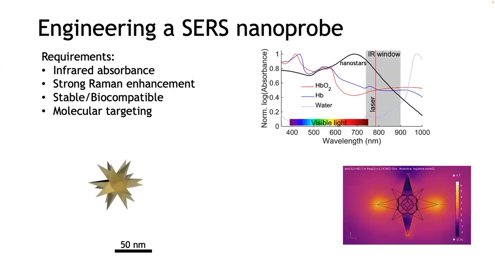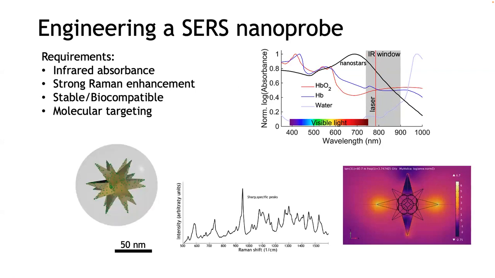So to do this, we use a star. The resonances of the plasmons on the star are in the infrared area, as we see here. Also, with the star, we get free hotspots on the tips. So there's enhanced electric field on the tips. So then we take a dye molecule that has absorbance in the infrared.